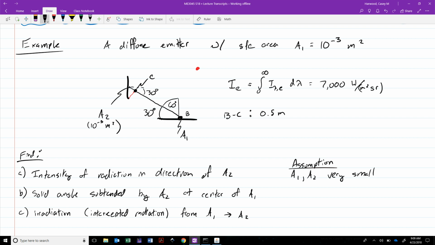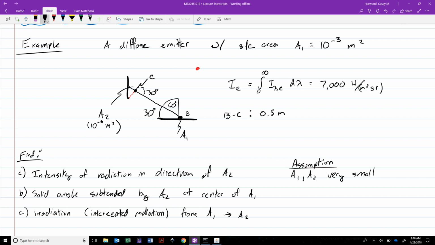So, radiation intensity. Think about the definitions before. This reflects the dependence on wavelength, if we have that, and on direction. We've said that this is a diffuse emitter where the direction dependence goes away, and so it's constant in all directions.